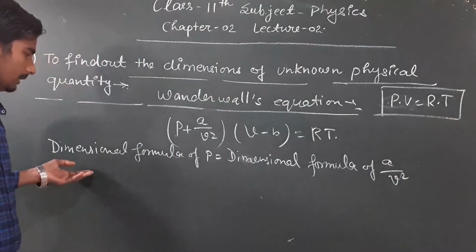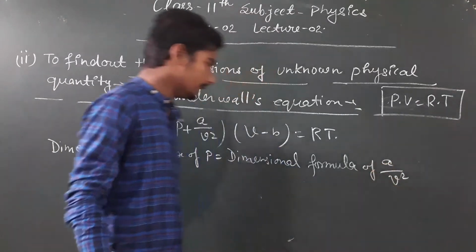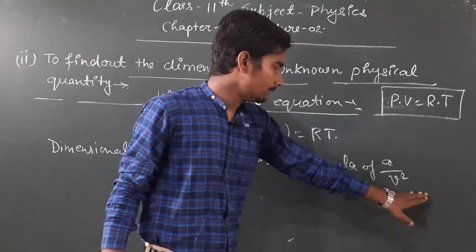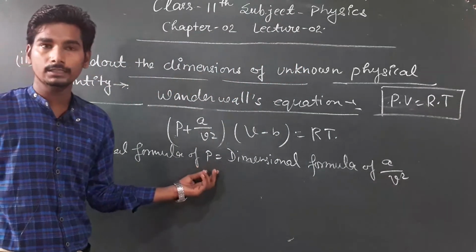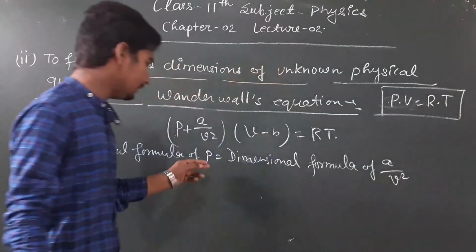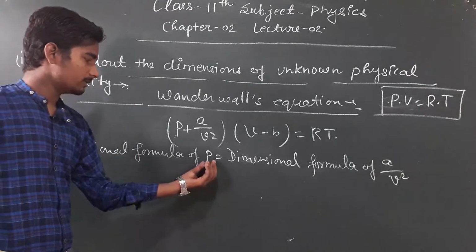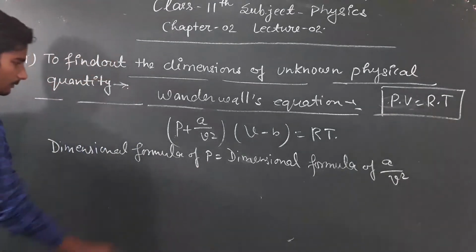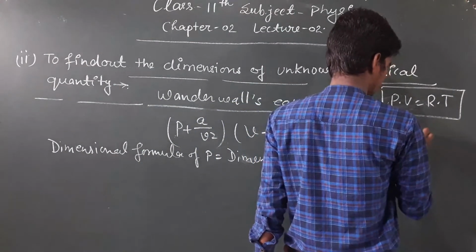What does it mean? If we have to find out the dimensional formula for A, then we have to multiply the dimensional formula of V square with the dimensional formula of capital P, where V is the volume and P is the pressure, right? We have to write the dimensional formula for P, where P is equal to F upon A.